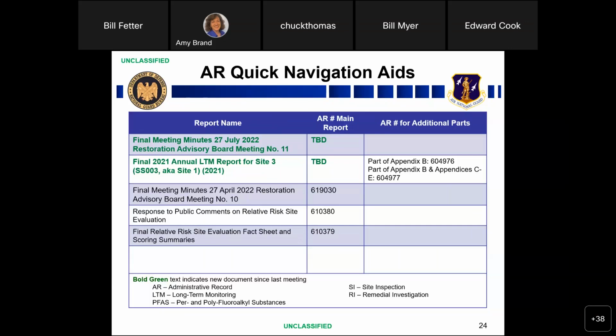Last year's final report, and I think everyone got a copy of this, we sent out to everybody for the long-term monitoring for the landfill site 3. That should be uploaded along with the meeting minutes, and then you'll see these meeting minutes as well for the next meeting, hopefully. And that's it for that. If you could move to the next slide.